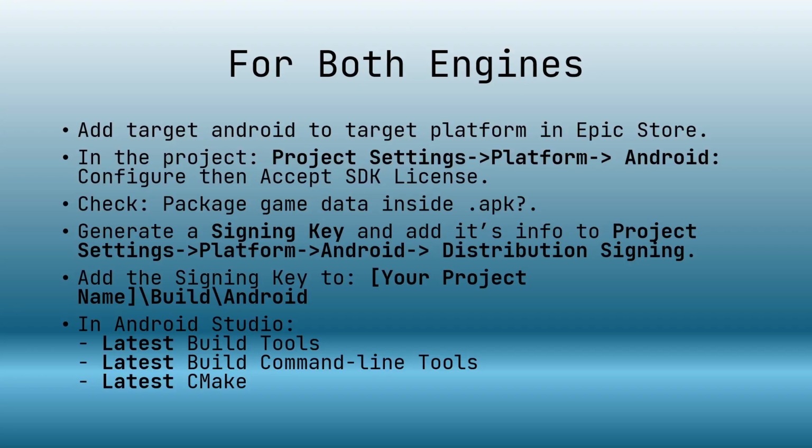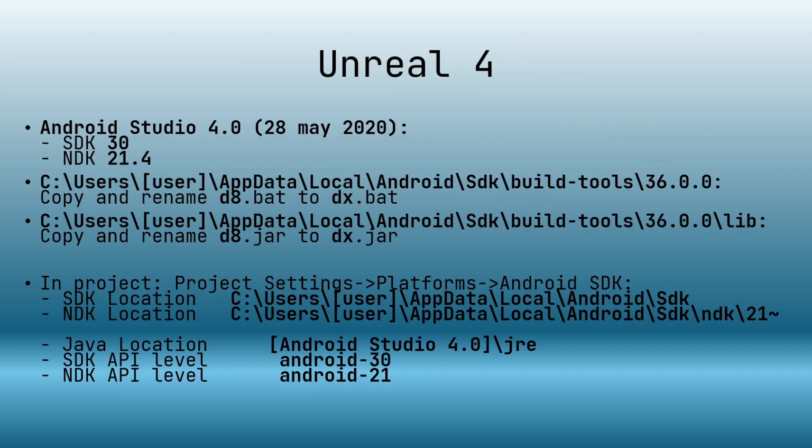In Android Studio, we need to download the latest build tools, latest command line tools, and latest CMake. For Unreal 4, we need Android Studio 4.0. Inside of it, we will download NDK 21 and SDK 30.